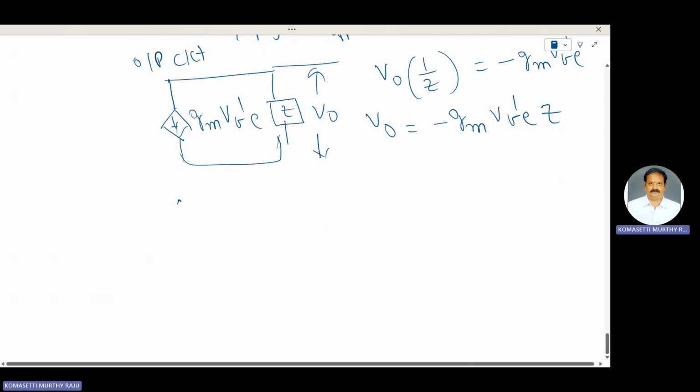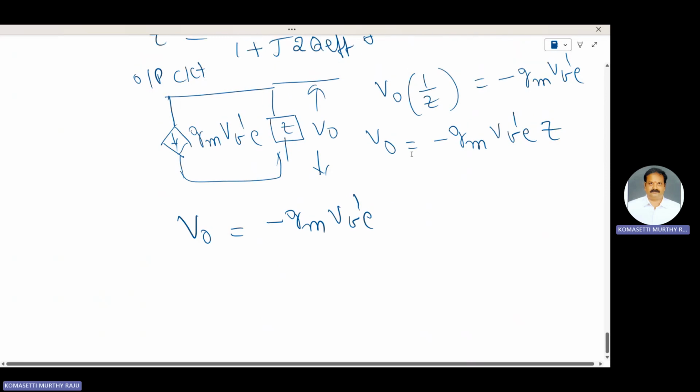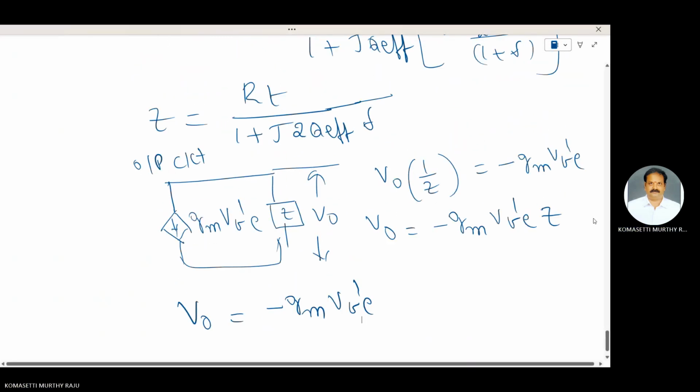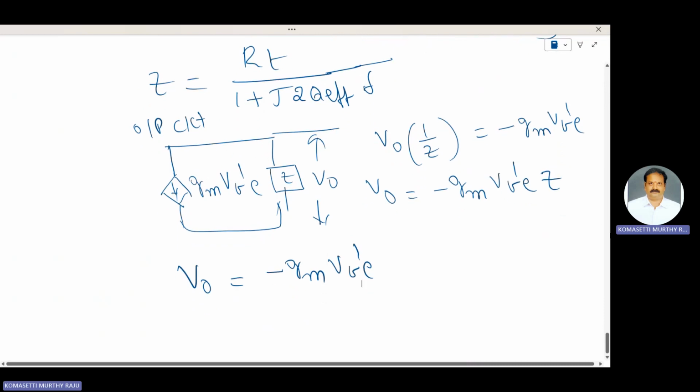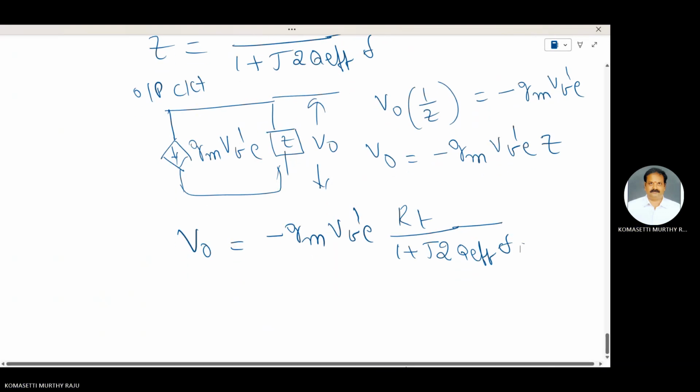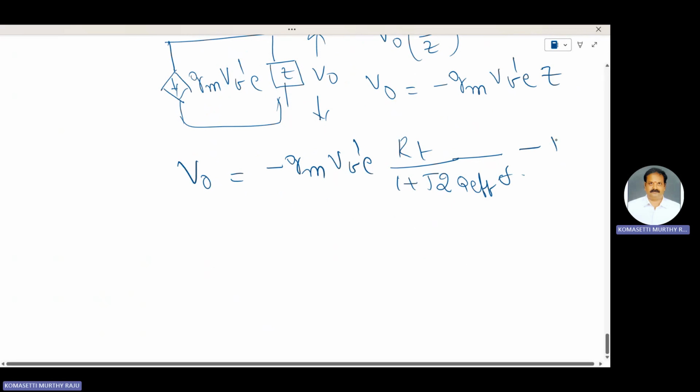Therefore, V naught is equal to minus gm Vb'e into Z, where Z is RT by 1 plus j 2 Q effective, the loaded quality factor, into δ. This is V naught. This is equation 1.